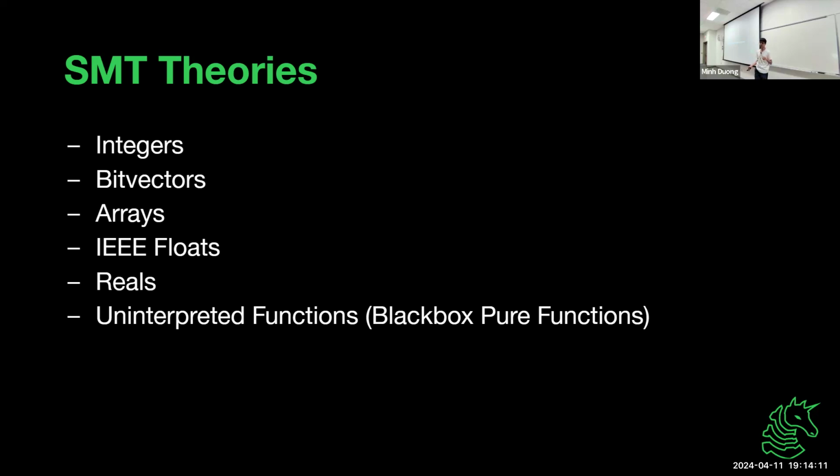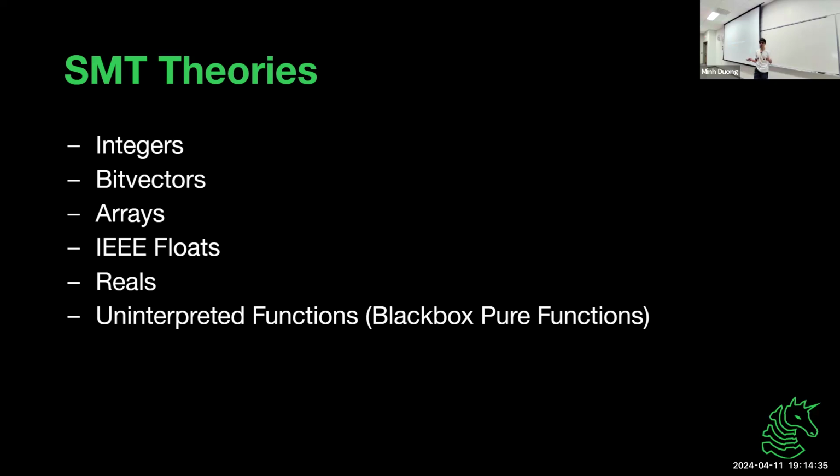This is, I guess, the most general theory, where you have functions, and all you know about those functions is that they're pure functions. So an input always produces the same output. You know nothing else at all about what those functions do. All you know is that if I give it x, it will give me the same value wherever I give it x.